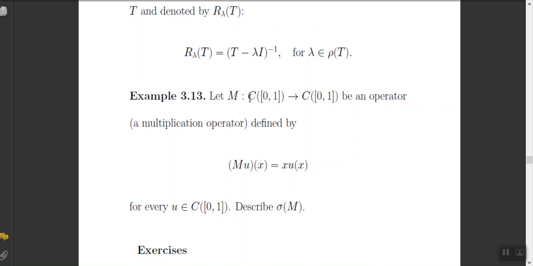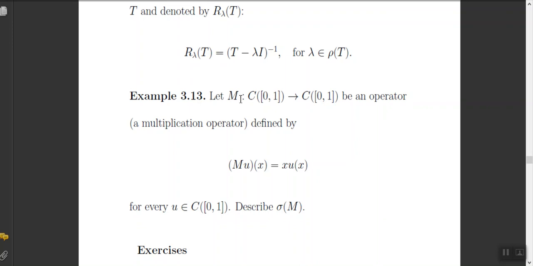It means the Banach space of all continuous complex valued functions on this closed interval, right? Let me repeat again. This is the Banach space of all continuous complex valued functions on this closed interval. Okay, this is a Banach space, an infinite dimensional Banach space.